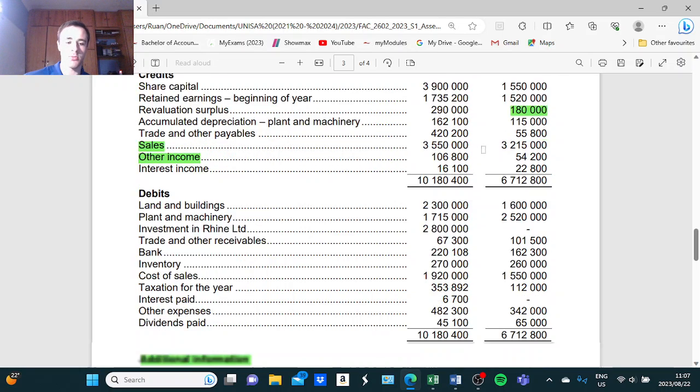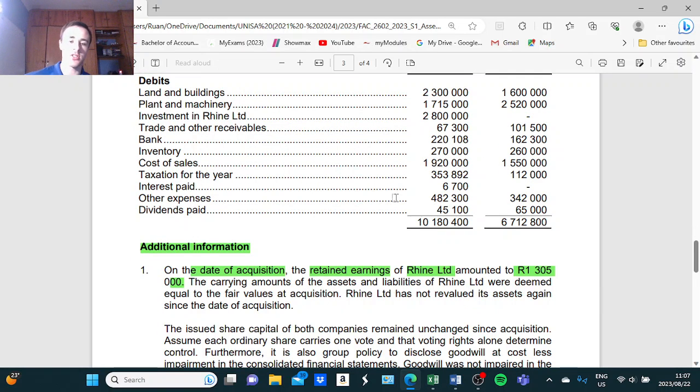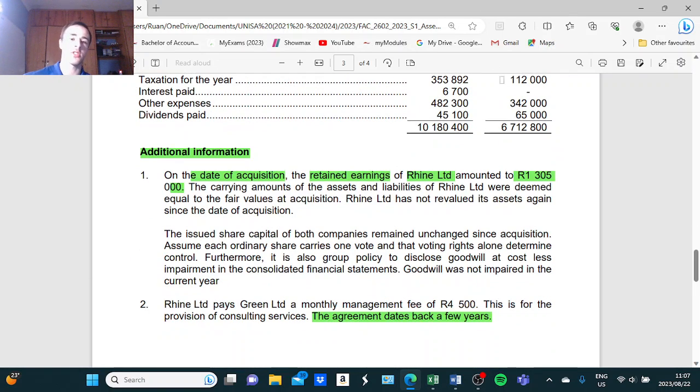Revaluation surplus 180,000. There was no change since acquisition, so that was also the balance at acquisition, that being the 1st of October 2020. So we have the retained earnings balance, and we have now determined the RVS balance. Now we just need to look at share capital.